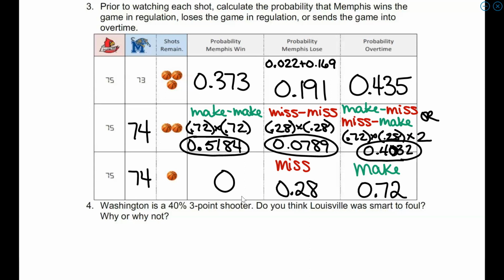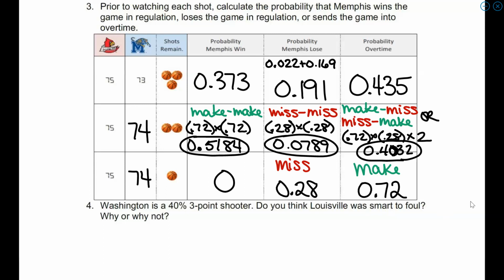What was the probability when he stepped up to the line that he was going to win it outright on those foul shots? 37.3%. So Memphis has a 37.3% chance of a win.